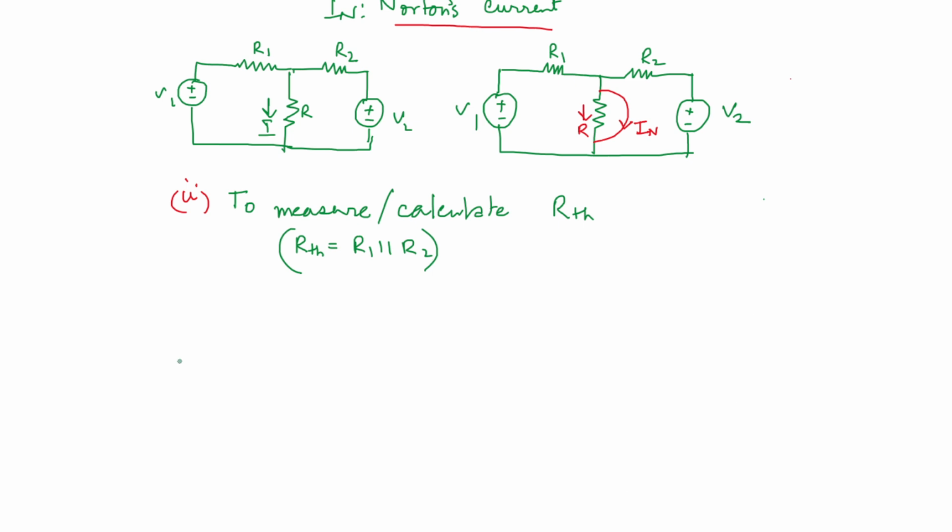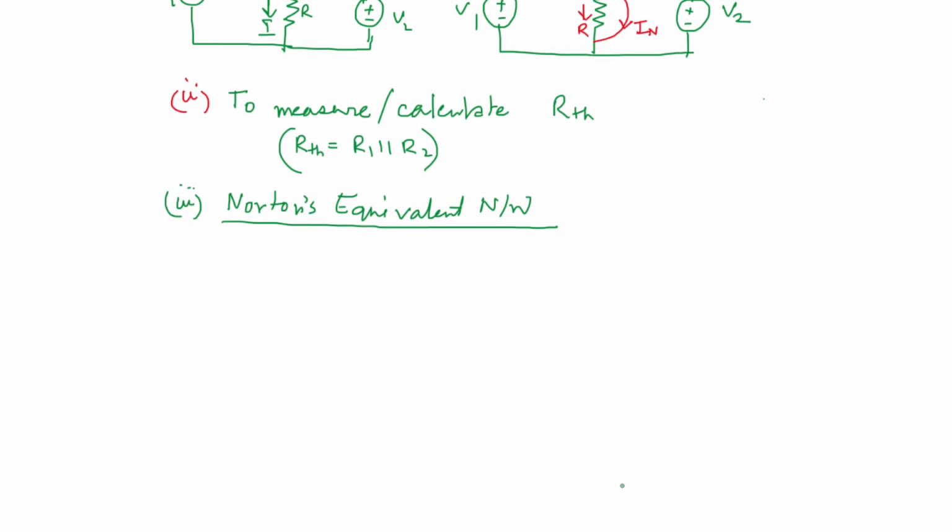Now the third part. Just like in Thevenin's theorem it was the Thevenin equivalent network, in case of Norton's theorem you need to construct the Norton equivalent network. What is that?